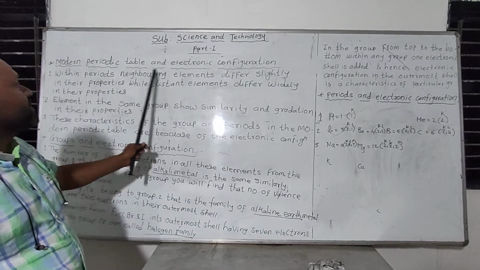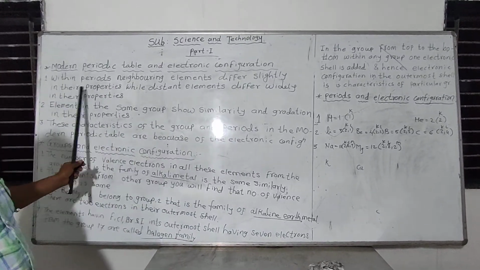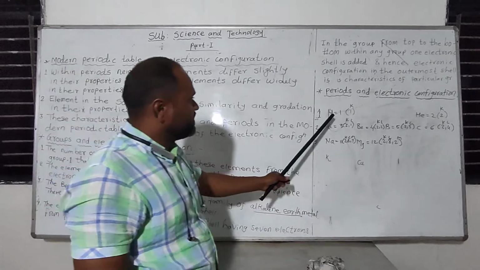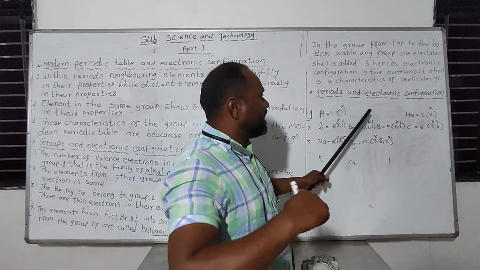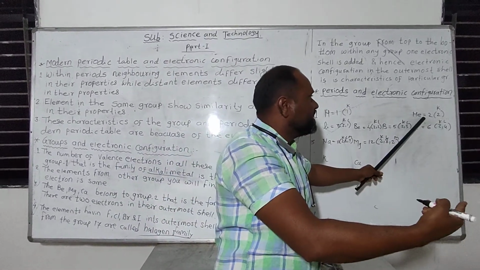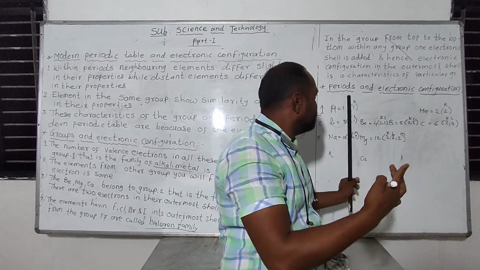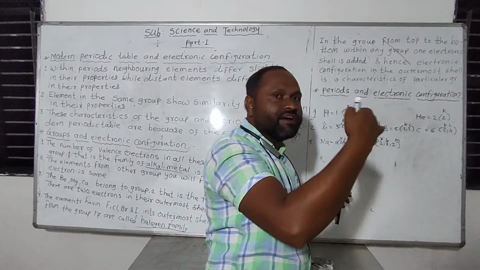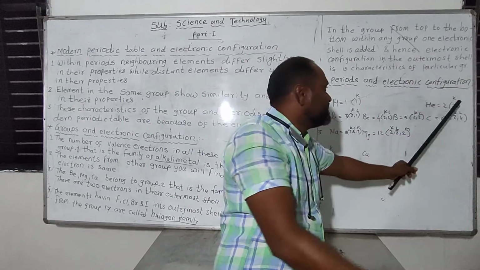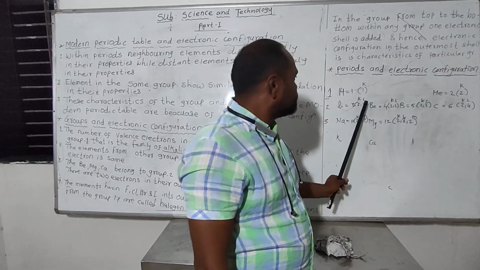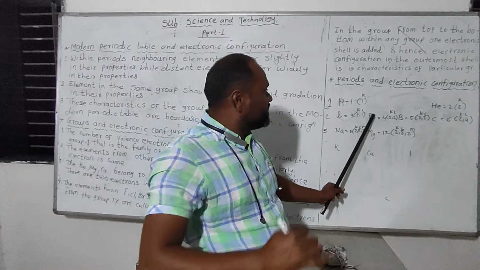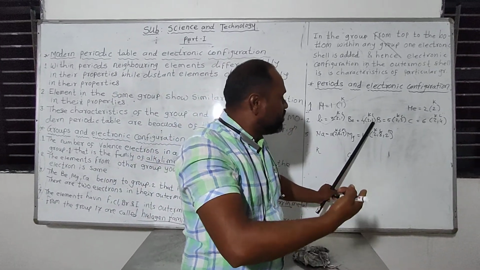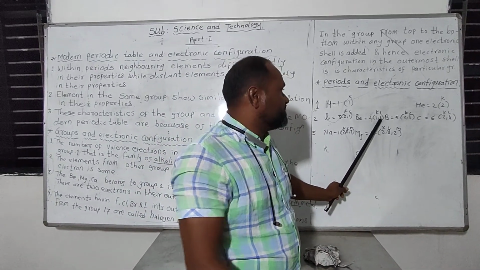Now their properties: within periods, neighboring elements differ slightly in their properties. Hydrogen has 1 electron, helium is the neighboring element with 2 electrons. The number of cells is the same, but only 1 electron is added in the same cell. Lithium also has K and L cells, and 1 electron is added in the same cell.